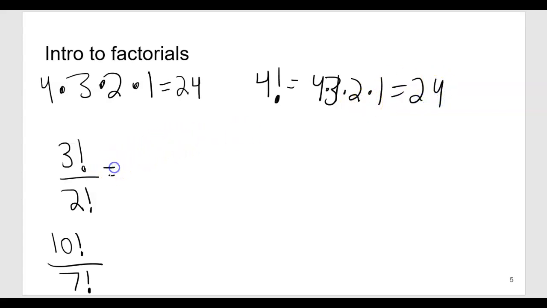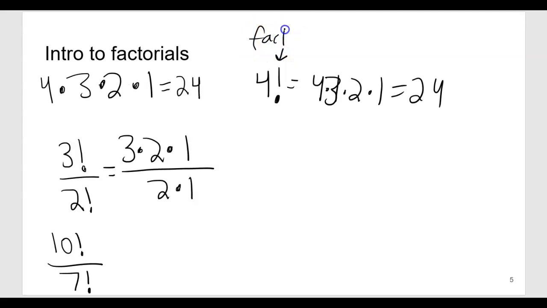So for example here, if I see 3 factorial, that's every number below 3 down to 1. 2 factorial is every number below 2 down to 1. So this exclamation point is what the factorial means. It tells us to do an operation. So it's not a variable we're screaming for. It's telling us to do an operation.